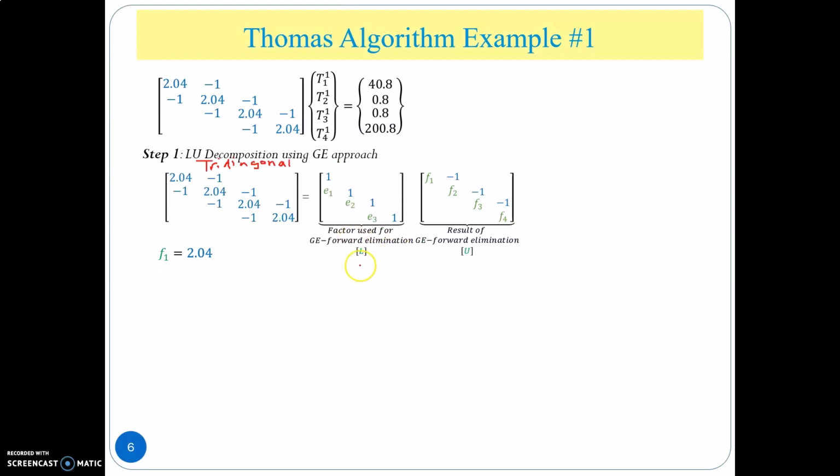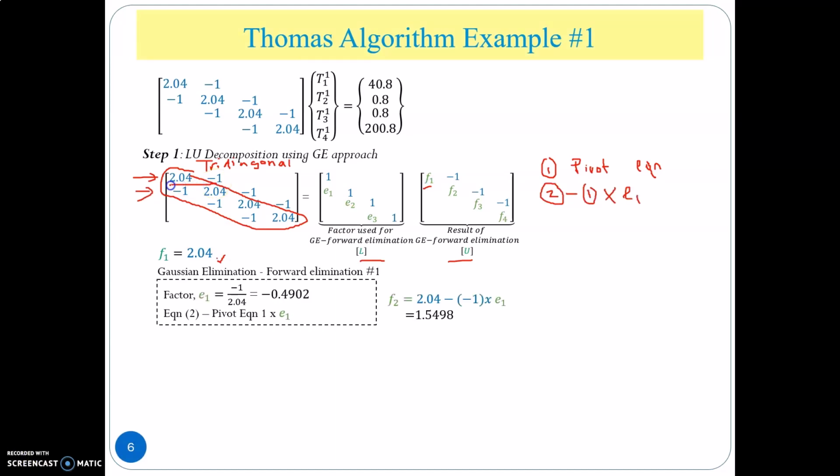In summary, if you have a tridiagonal matrix like this one, we can find the LU decomposition from it easily by performing the forward elimination in this region only. So you start from the first row. Since row 1 is the pivot equation, the 2.04 doesn't change. Therefore, you obtain your F1 equal to 2.04 here.